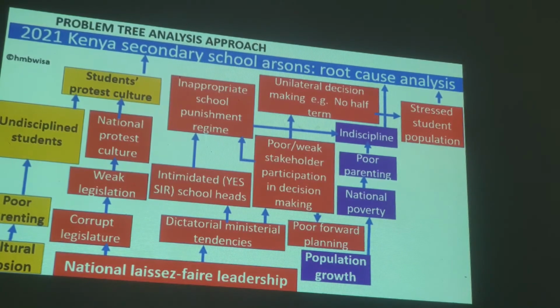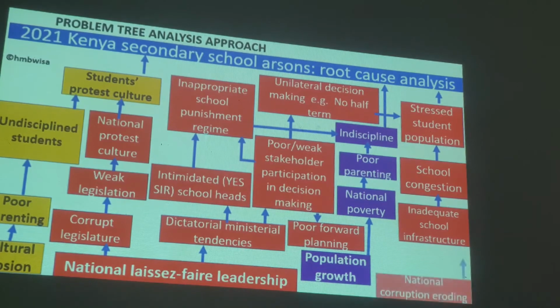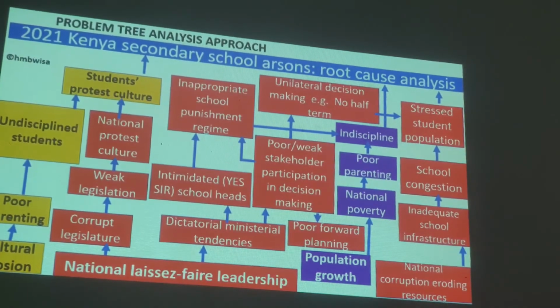And when we have poor or weak participation in decision making, we also have poor forward planning. And when we have poor forward planning, it will lead to school congestion because of inadequate school infrastructure, which also results from the national corruption which erodes the resources.